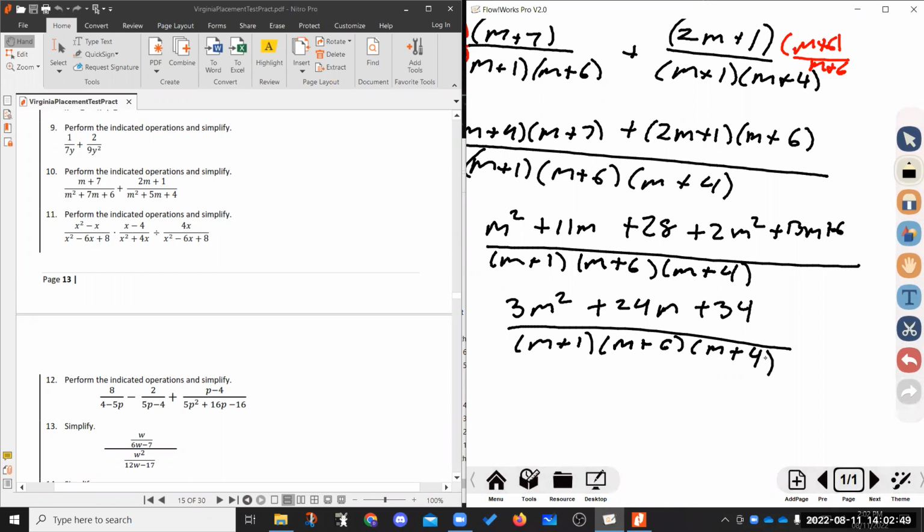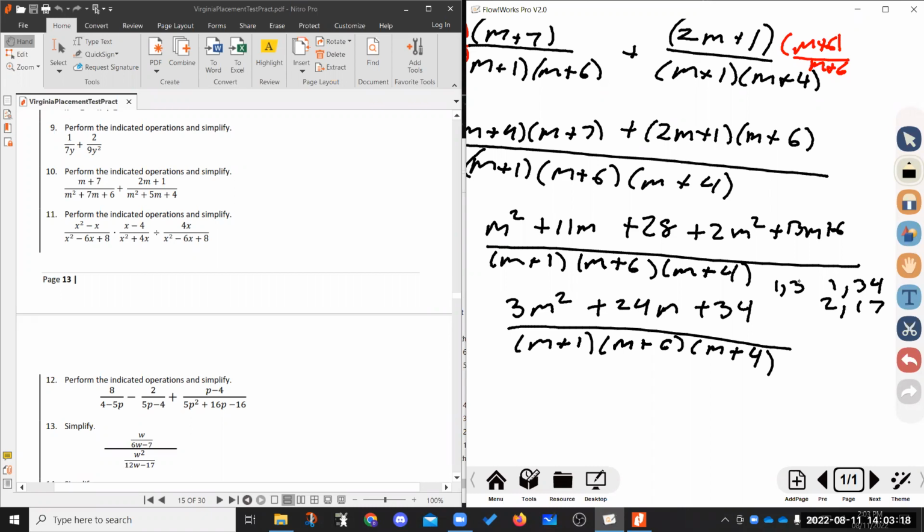Let's see, is that going to factor at all? Are there factors of 34, which are only 1 and 34, 2 and 17, that pair with factors of 3, which are only 1 and 3, to add together to give me 24 on the inside?